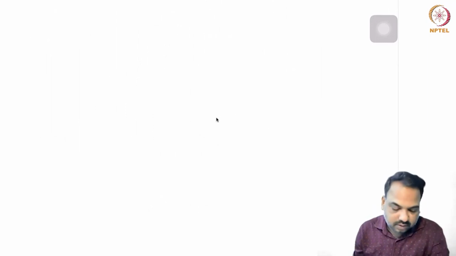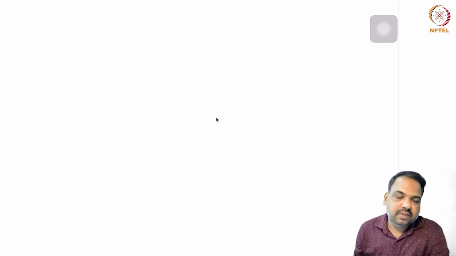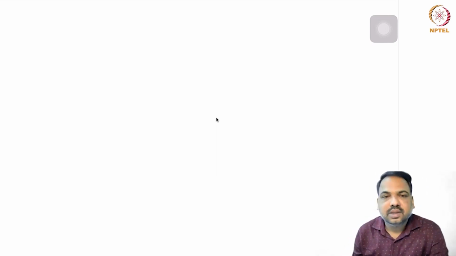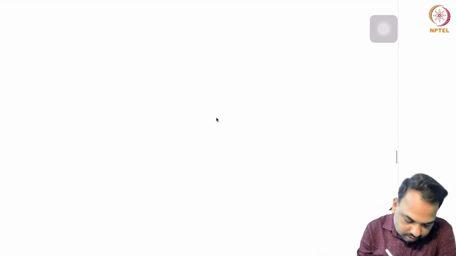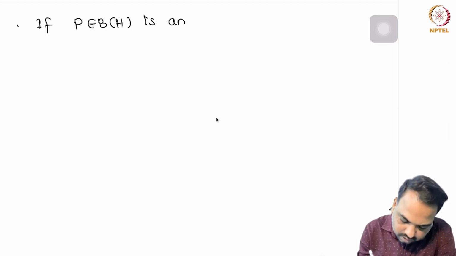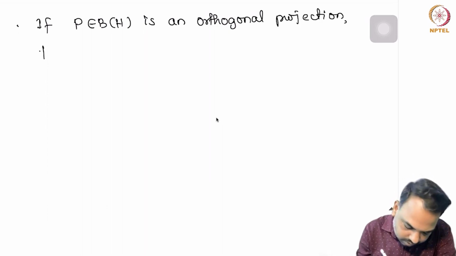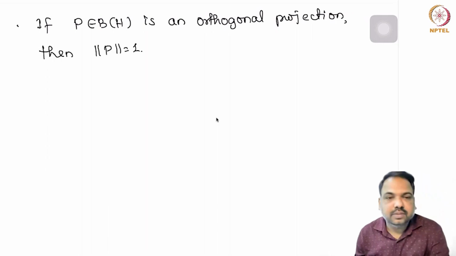Okay. Now one more important observation is that if P is an orthogonal projection, we can say that norm of P equals 1. So if P is a projection, we have concluded that norm P is bigger than or equal to 1. But in particular, if P is an orthogonal projection, then norm of P equals 1.